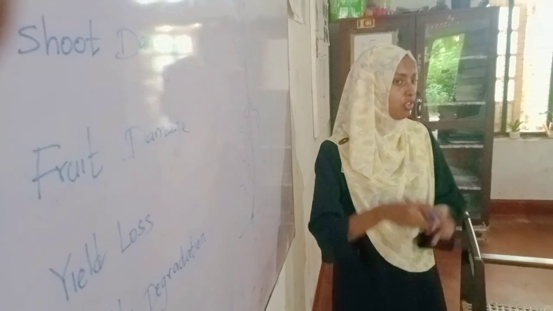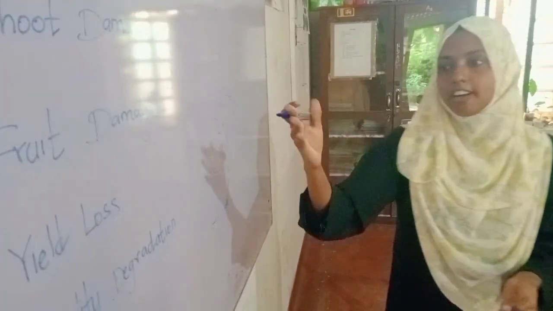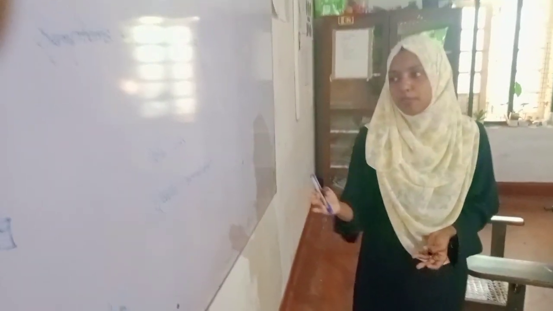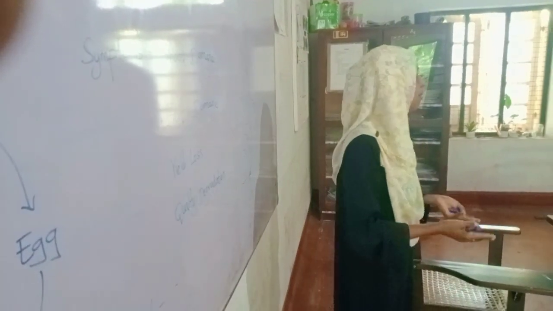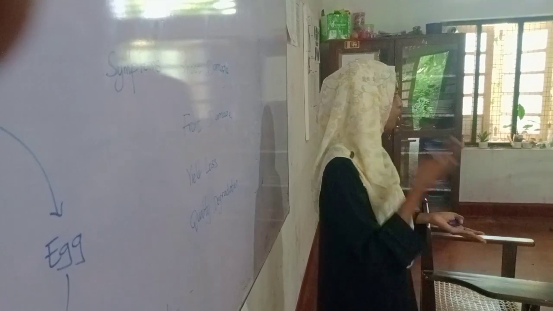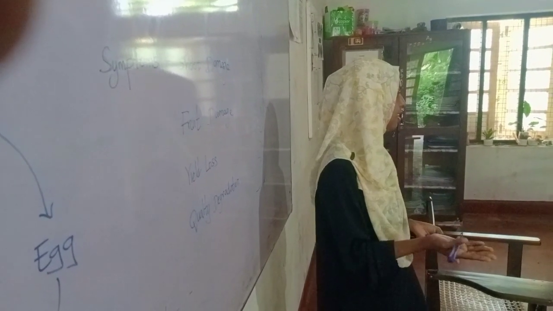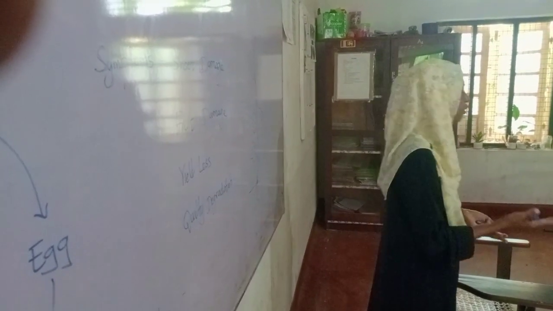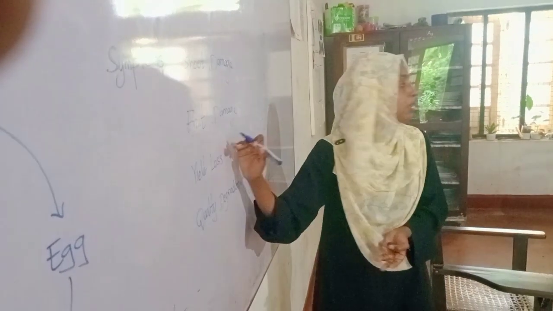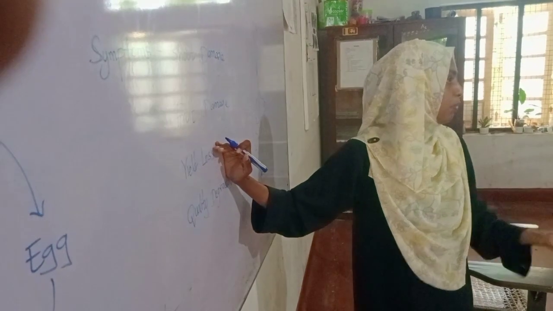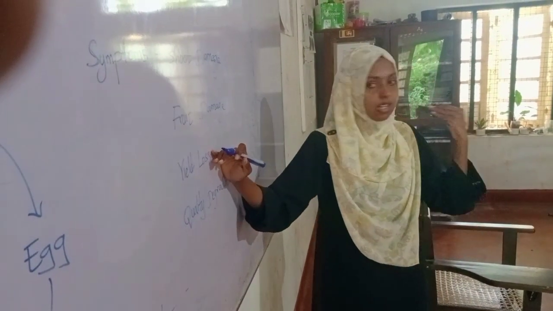Another one is yield loss. If the farmer cultivates brinjal with proper management practices, we can get a high yield of brinjal. If we do not maintain it properly, we get yield loss.